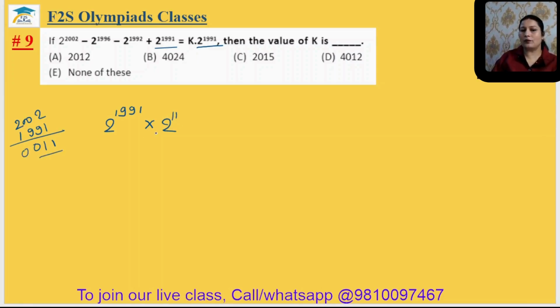So we can write 2 to the power 11, because after addition we will get the same number. Minus 2 to the power 1991 multiplied by 2 to the power 5, minus 2 to the power 1991 multiplied by 2, plus 2 to the power 1991, equal to k multiplied by 2 to the power 1991.